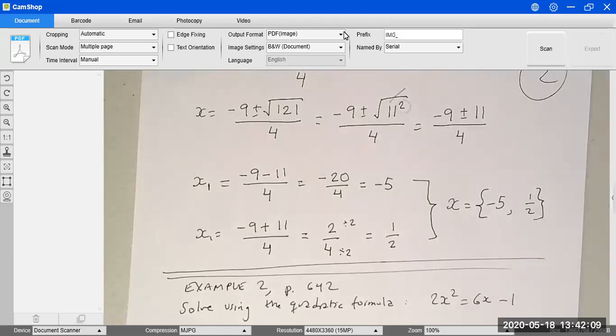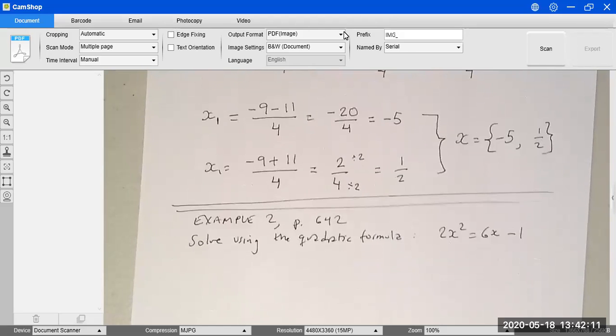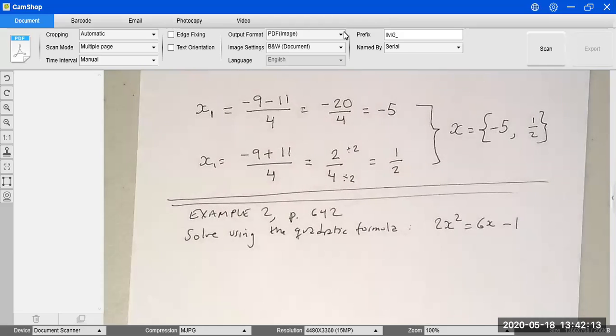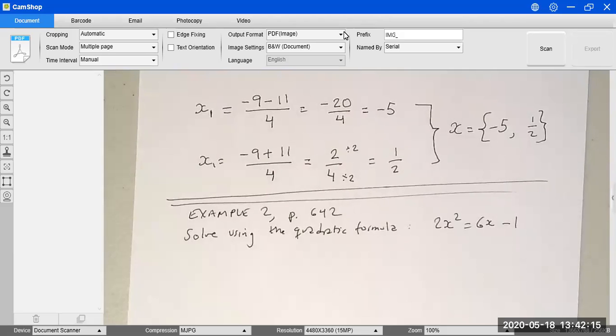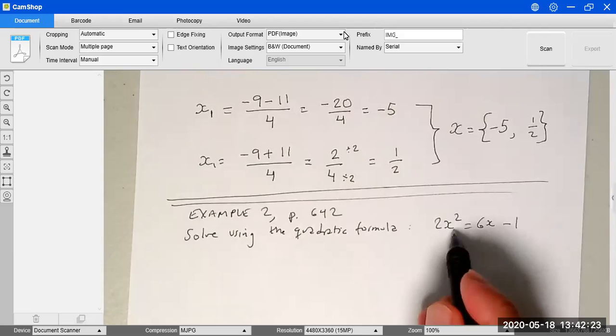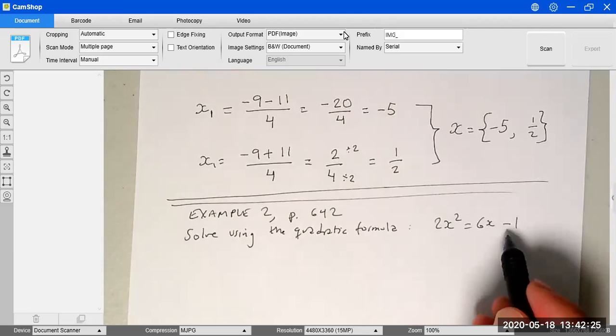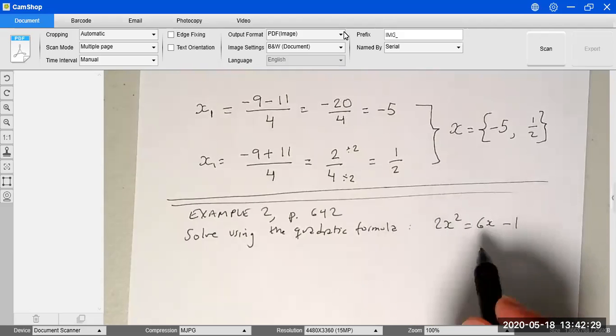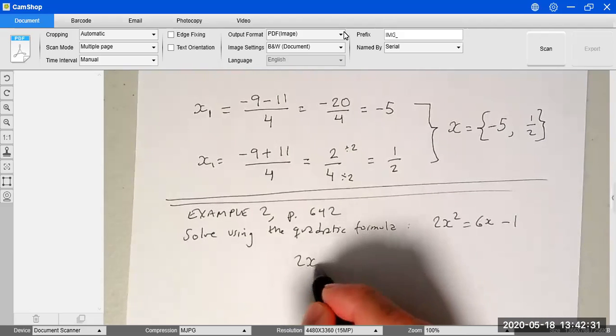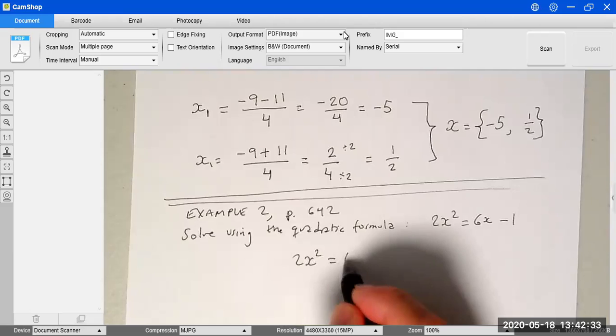6x minus 1. So the first thing here is that you see that on the left hand side you only have the quadratic term. On the right hand side you have the linear term and the constant term. So quadratic term, linear term, constant term, and we need all of them on the same side. So we're going to move everything to the left hand side.